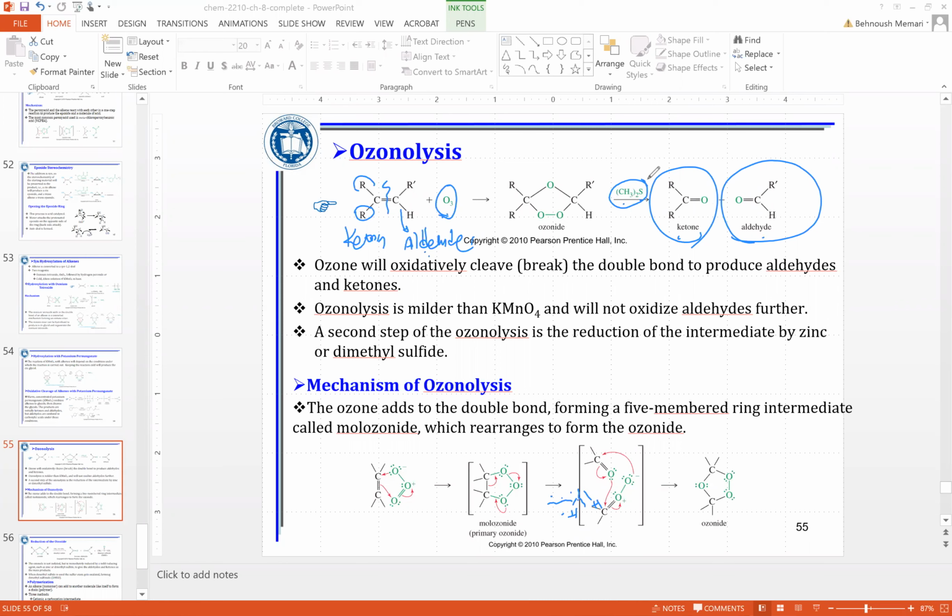So what happens to this solvent here? Dimethyl sulfide is basically CH3, CH3 on sulfur.